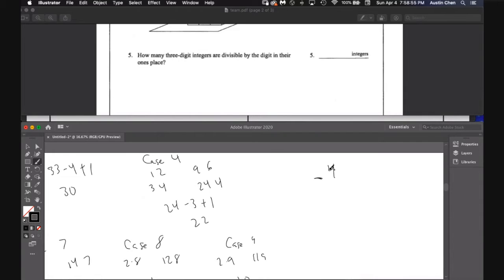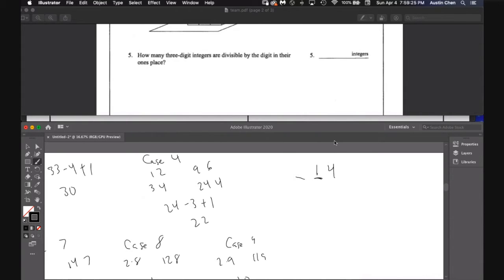So if you recall, anything is divisible by 4 as long as its last two digits are divisible by 4, right? So we won't care about the hundreds digit at all in this. We will just care about the last two numbers being divisible by 4. And so how to do that is just to have the second digit always even, right?